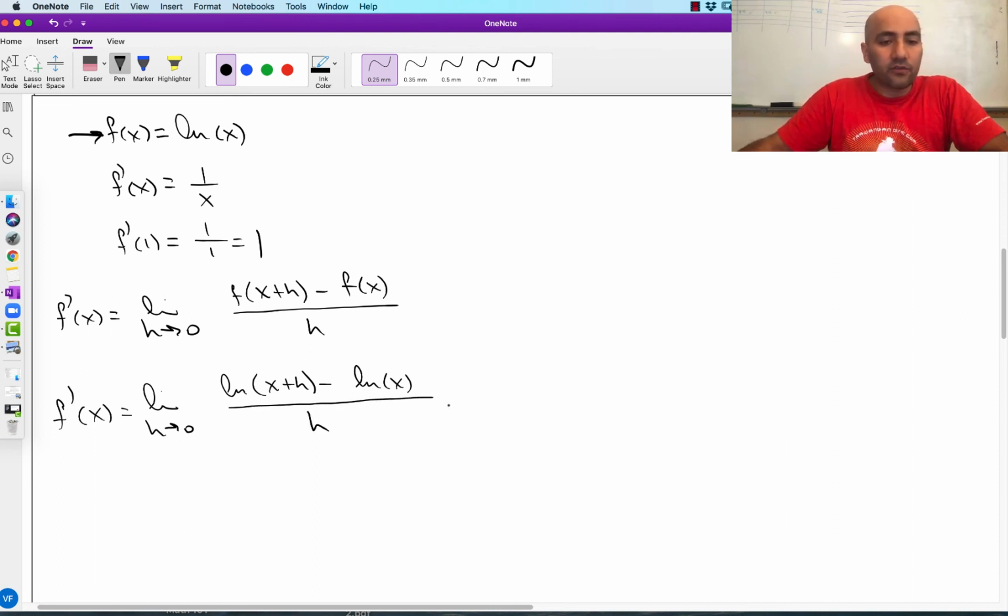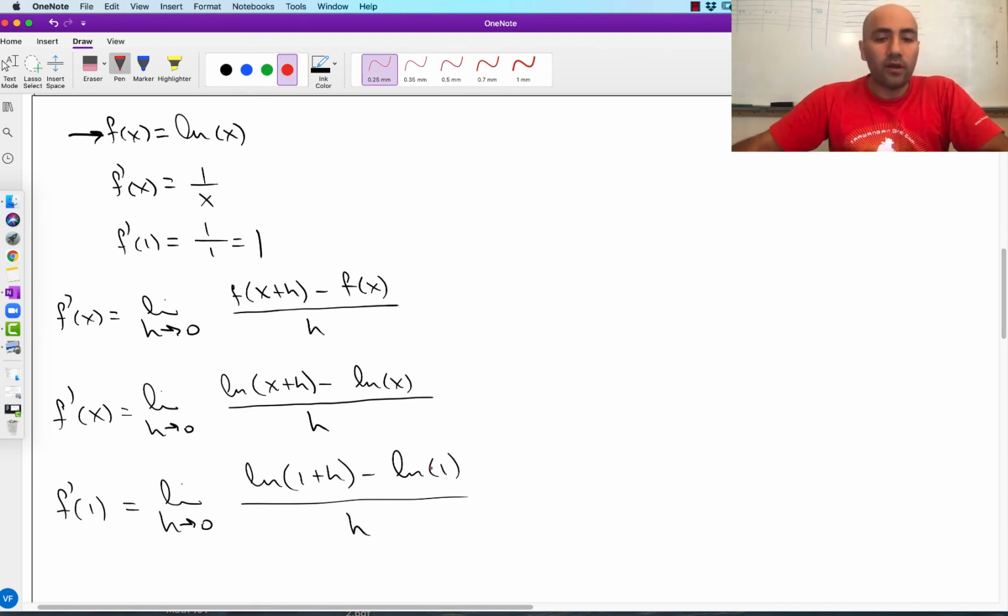And now, this is more of a general derivative, but I'm interested in 1. So by the definition, f prime at 1 is going to be equal to the limit as h approaches 0 of ln of 1 plus h minus ln of 1, all of that divided by h. We know that ln of 1 is 0, so that disappears.